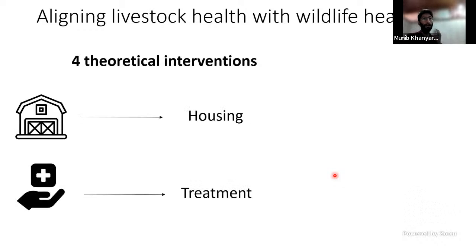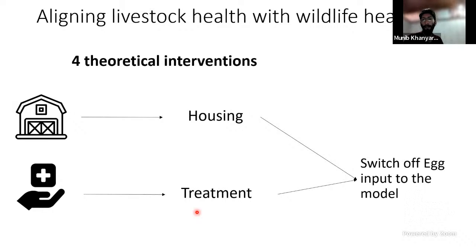So the 4 hypothetical interventions had 2 elements to them: either housing livestock so they don't put those eggs on pasture, which then become infected larvae, so they're kept away from pasture for a certain time, or you keep grazing them on the pasture, but you treat them at certain times with anti-parasitic drugs, so they don't infect the pasture.